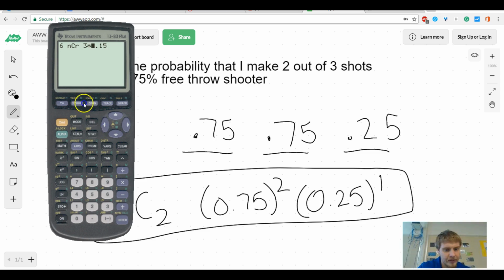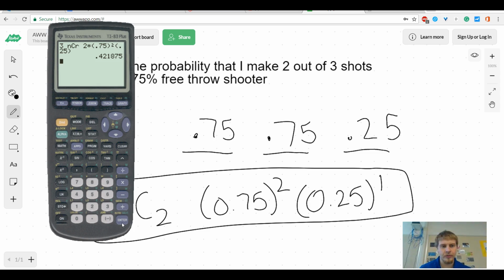So we'll have a combination of 3 choose 2, times 0.75 to the second times 0.25. And our probability to make 2 out of the 3 shots would be 42%.